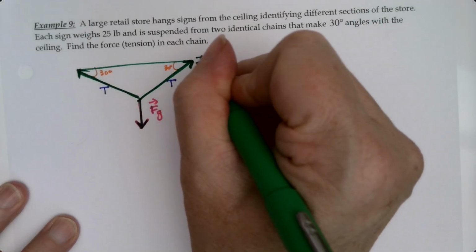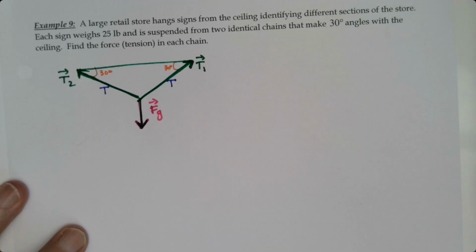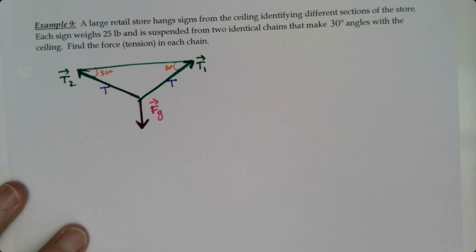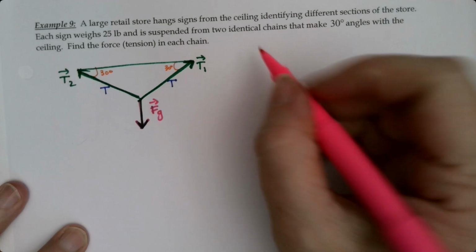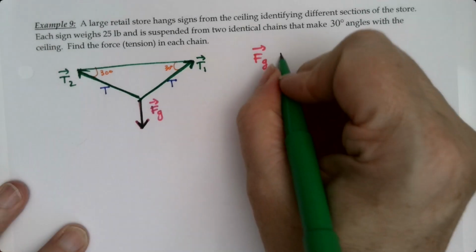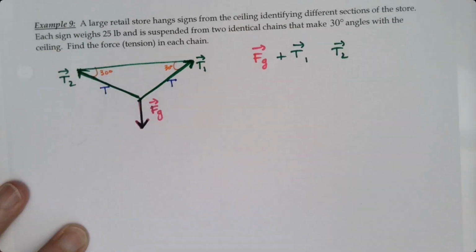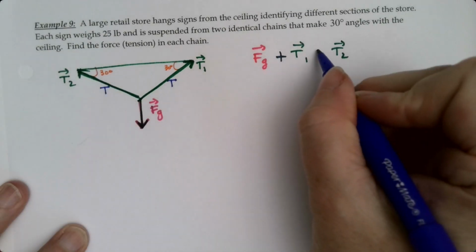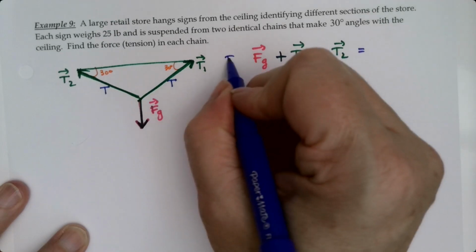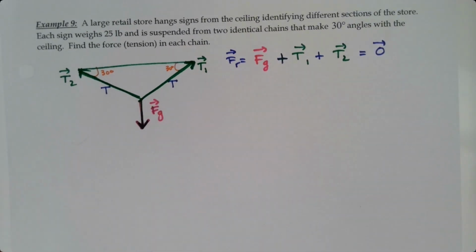So if I call this vector T1 and this vector T2, I know that the force due to gravity plus those forces, T1 and T2, must be equal to my resultant force, which must be equal to the 0 vector, because the sign's not crashing.